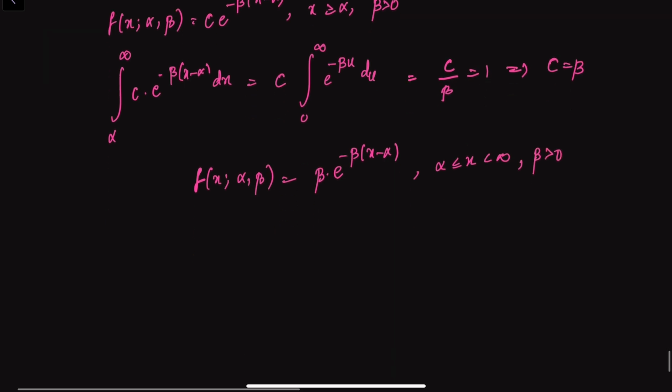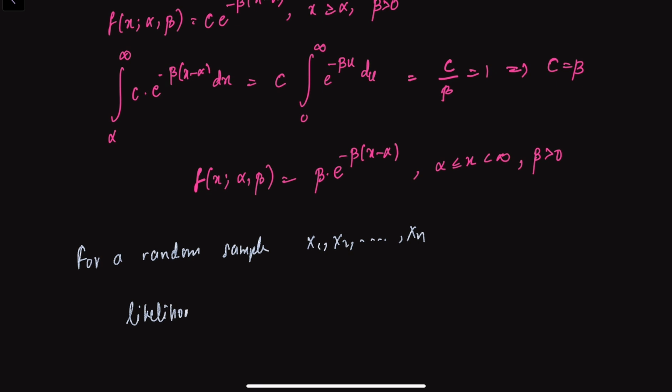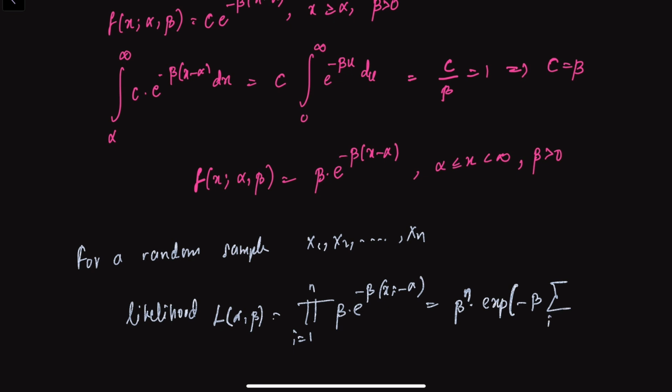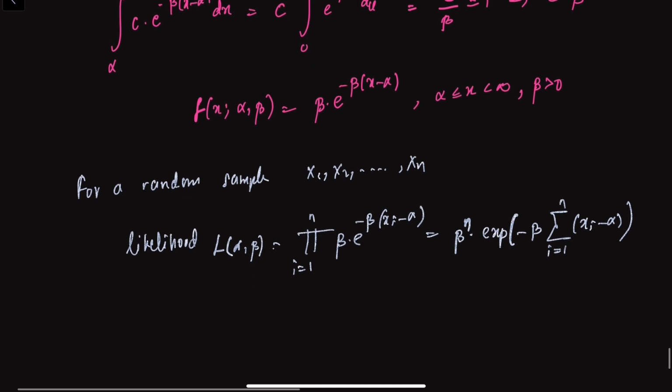Now for a random sample x1, x2 and so on up to xn, the likelihood is the product of all these densities, beta e to the power minus beta (xi minus alpha), which is beta to the power n times exp of minus beta summation i equals 1 to n (xi minus alpha).